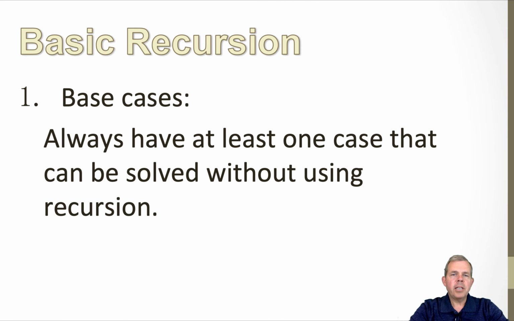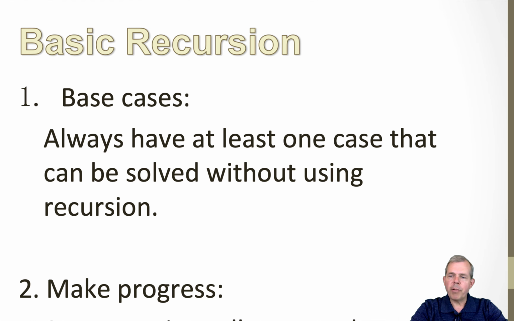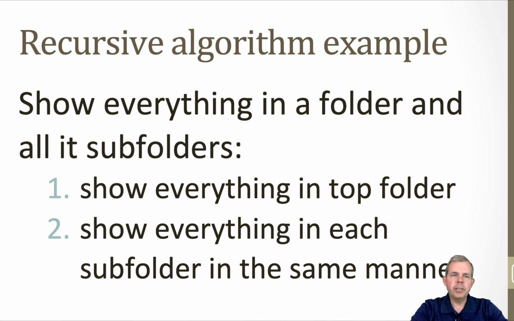So in basic recursion, you always start with a base case. So think of a case where we can find the easiest solution, and then we will make progress toward finding a better solution. Here's an example. What happens if I have an algorithm that is recursive? Like, for instance, show me all the things in a folder on my hard drive, and show me also its subfolders.